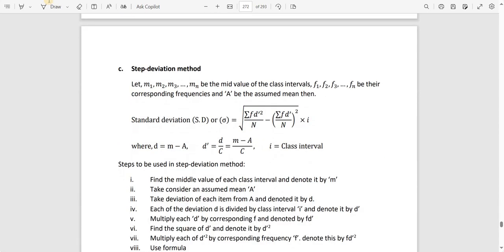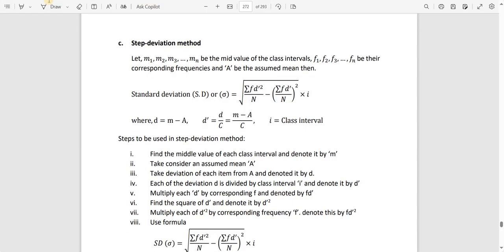Step deviation is something else. In the step deviation method, take the mid value, subtract the assumed mean, m minus A, no problem, and to get D dash we divide m minus A by C. What is C here?